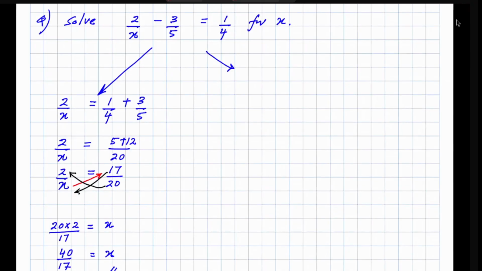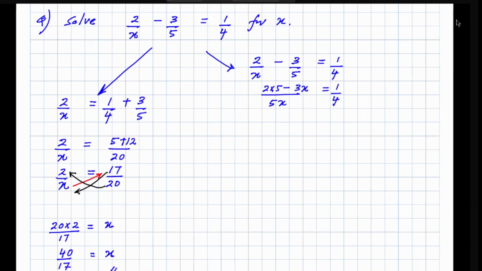Second method, I'm going to keep the same format. First of all, let me copy this down. Then I'm going to get the common denominator, which is 5x. So it's going to be 2 times 5 minus 3x, over 5x, is equal to 1 divided by 4.